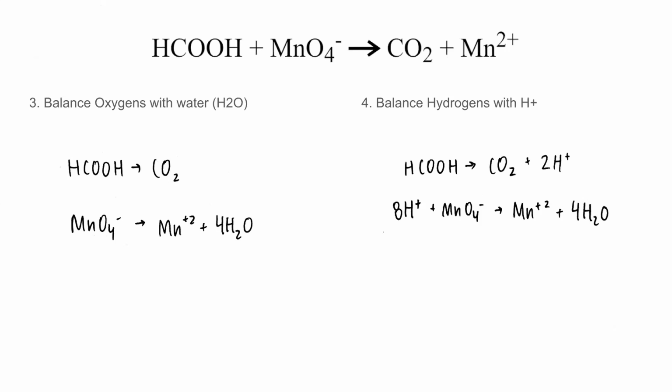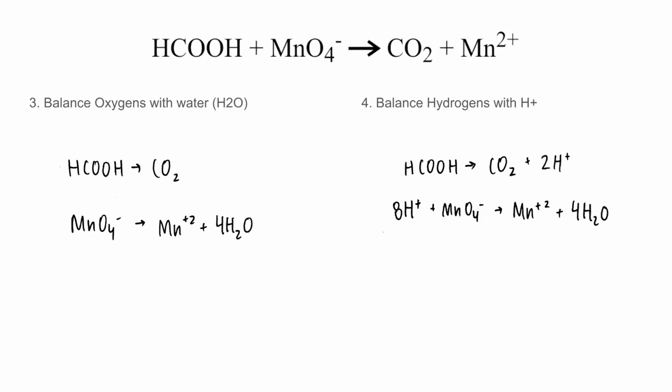So how many waters should we add, and to which side? Since permanganate, which is the one on the left, has 4 oxygens, and manganese only has 2 plus, you need to add 4 water molecules to balance out the oxygen, because every water molecule has 1 oxygen. So 4 times 1 is 4. So that's how we balance that one out.